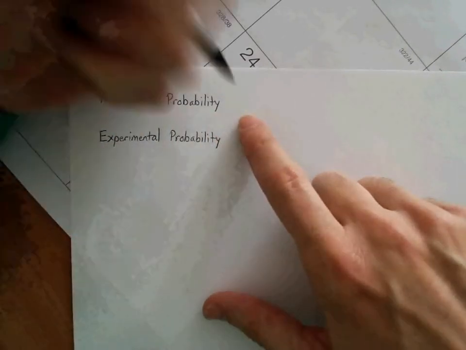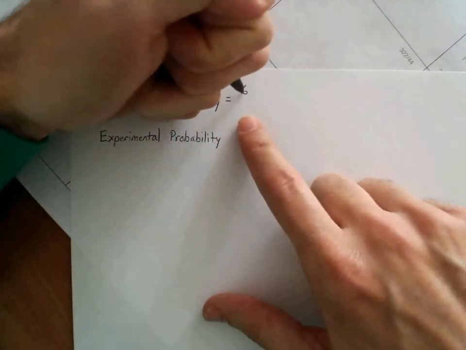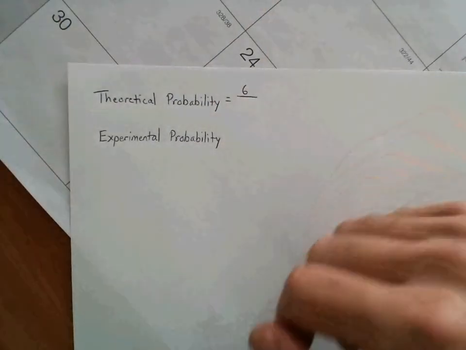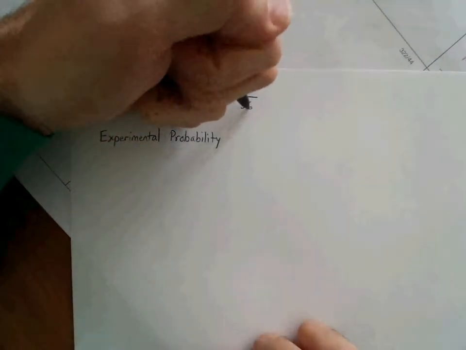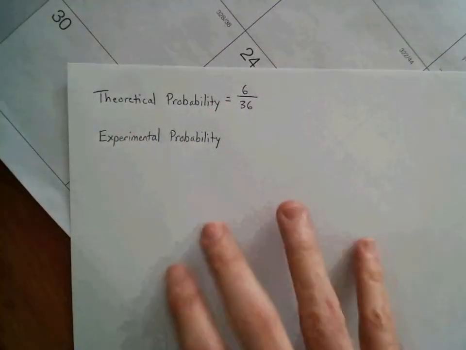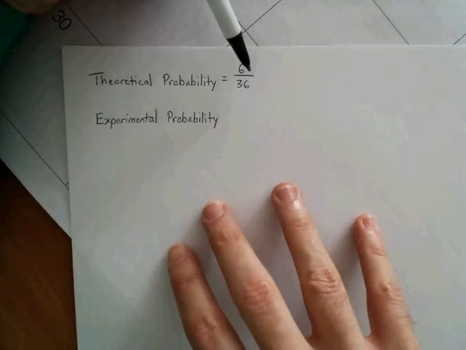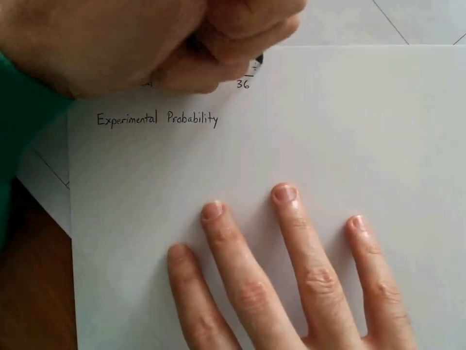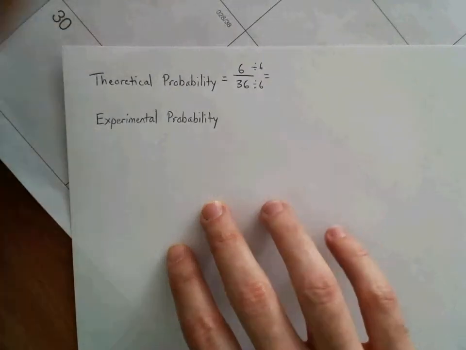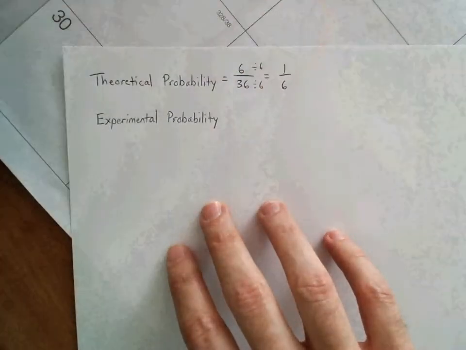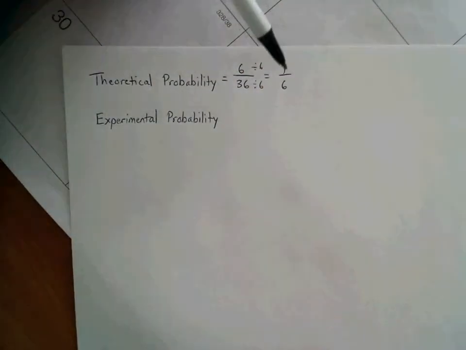The theoretical probability of rolling doubles: going back to the fraction we use to solve probability, 6 choices make us happy out of a total of 36 possible outcomes. So 6 out of 36. You can reduce this by dividing by 6 on top and bottom. Therefore, the theoretical probability of rolling doubles is 1/6. So that's what we should get.